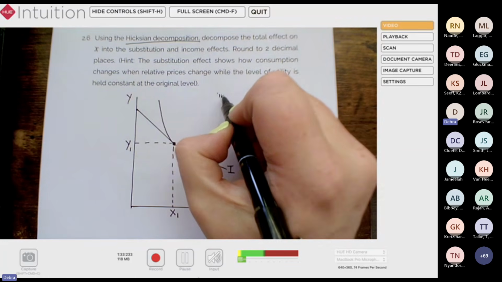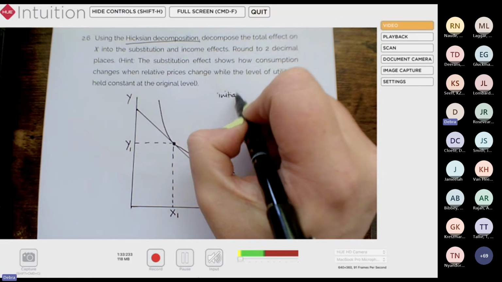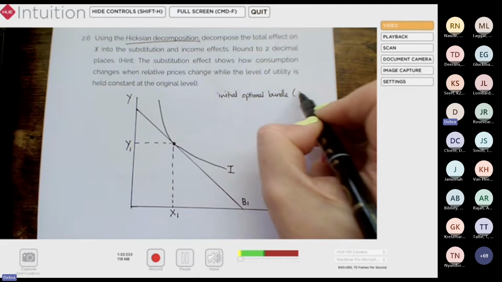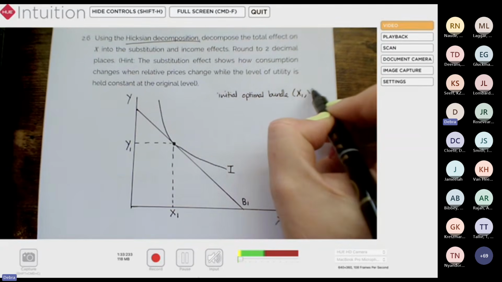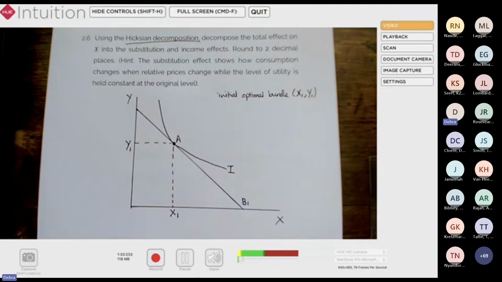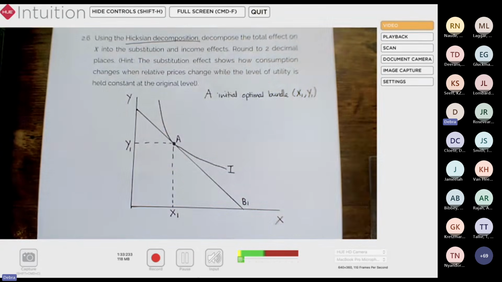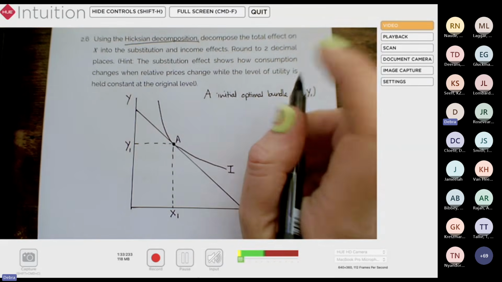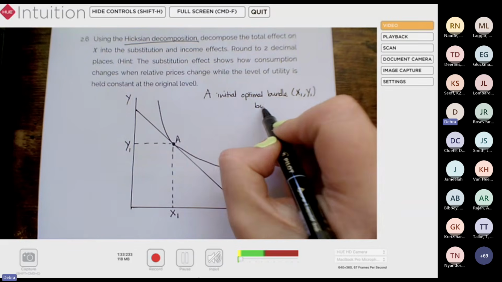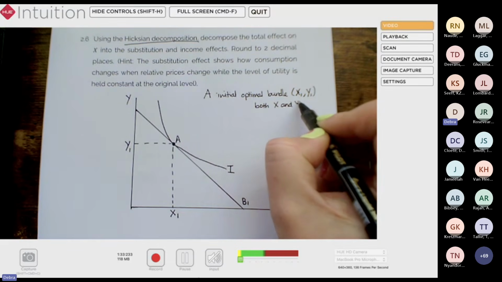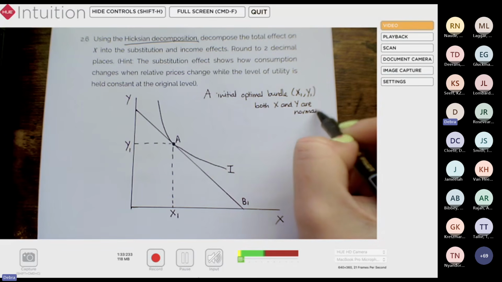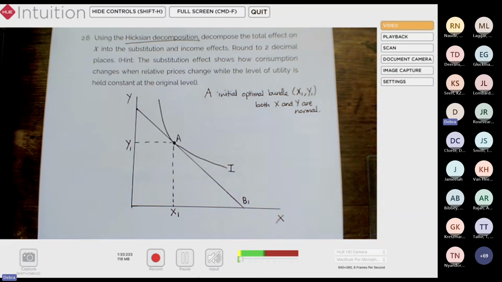So the initial optimal bundle is X1, Y1. I'm going to label it A. Okay, so A is the initial optimal bundle. I'm also going to assume that both X and Y are normal. And this is going to make a difference for how I draw the graph from this point onwards.